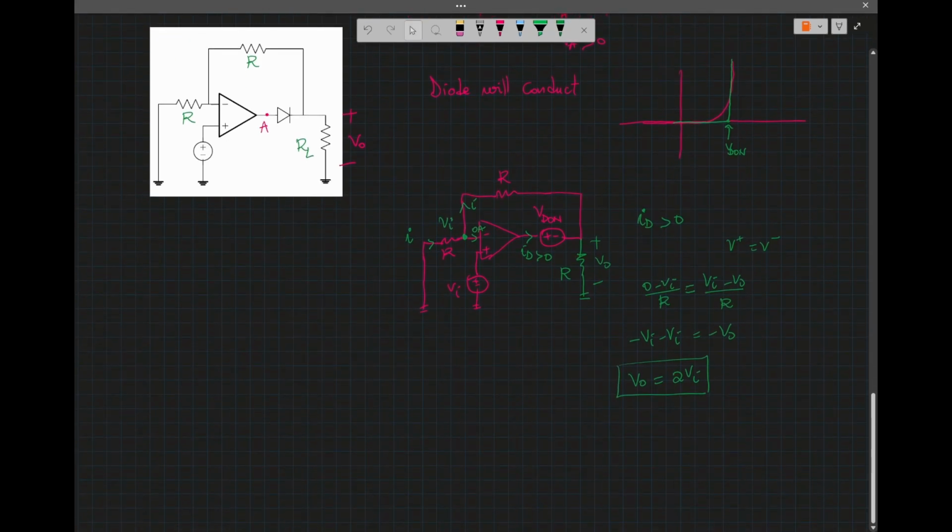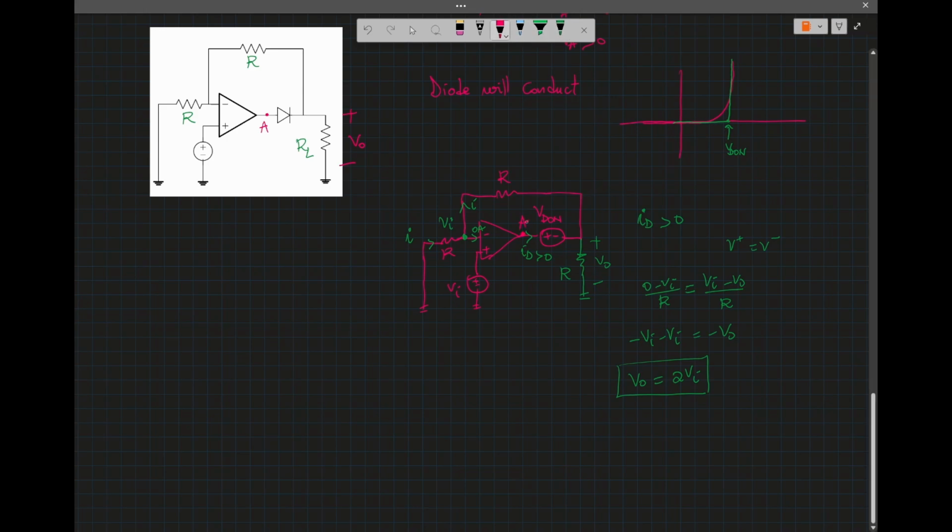Now, if I wanted to check the conditions, I could just write the KCL at this node, and then find the current through the load, which is equal to the feedback current plus the diode current equal to the current going through the load. So then the voltage at this point A, as I indicated, I have to keep that in mind.